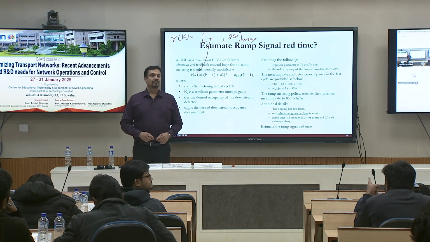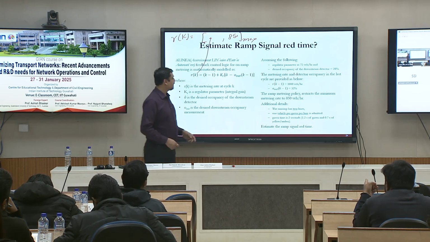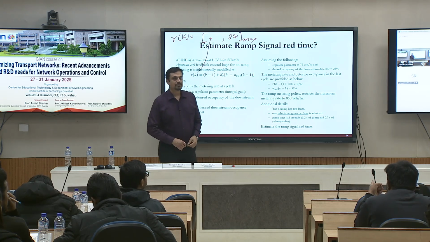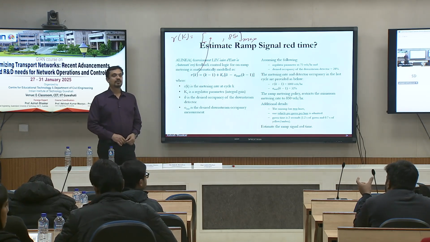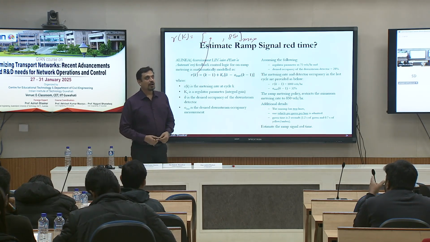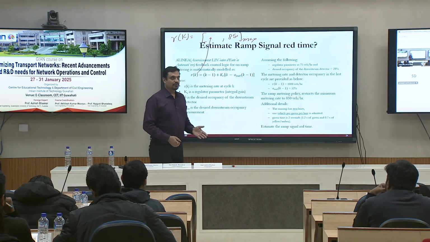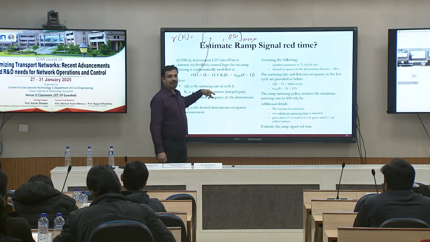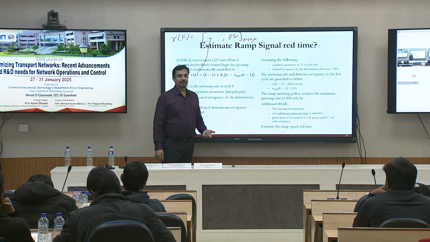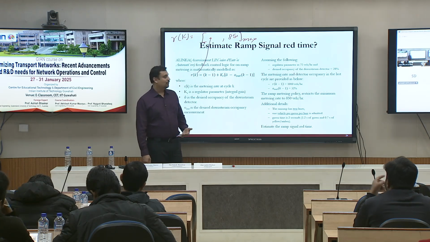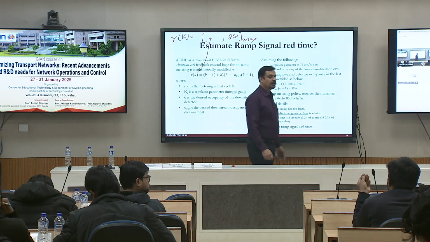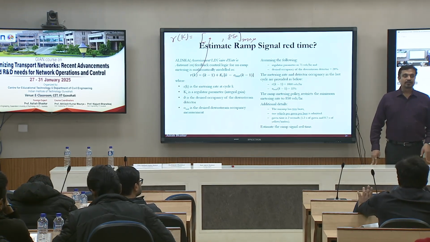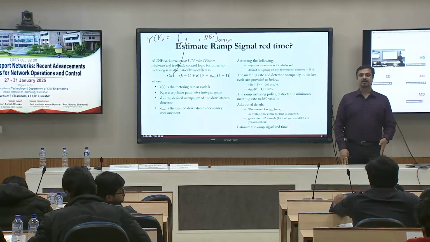With respect to the design, normally the downstream occupancy measurement will be always higher. No, it can be lower also. When it is lower, if the downstream is lower, then you're going to increase the metering rate. If it was lower, then you start increasing it. 32%, that is the real observation you are having from a downstream detector.